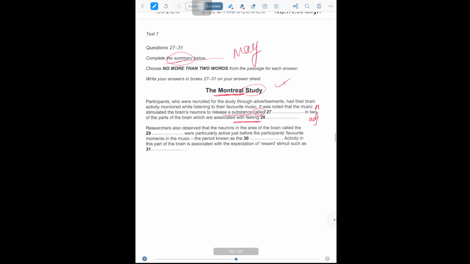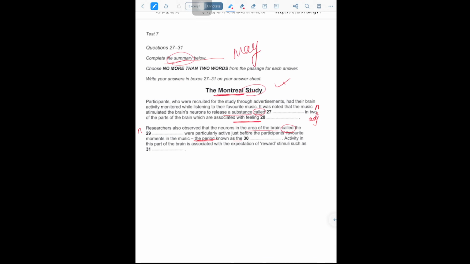Also, researchers observe an area of the brain called something. So here should be the name of a brain area. Particularly activity just before the participant's... the period is known, so here is also a name for a period.